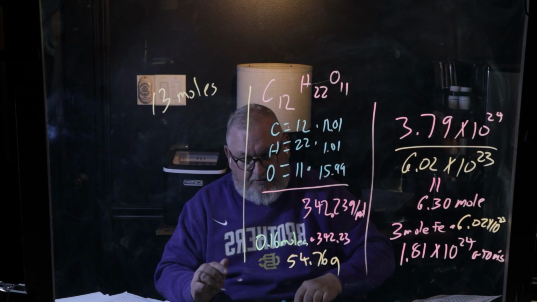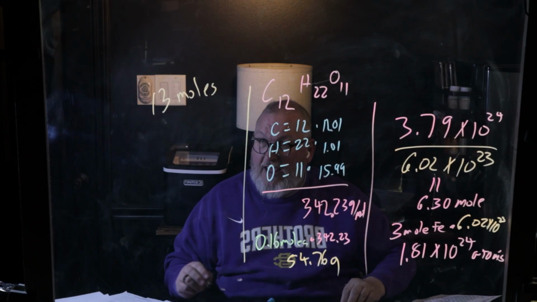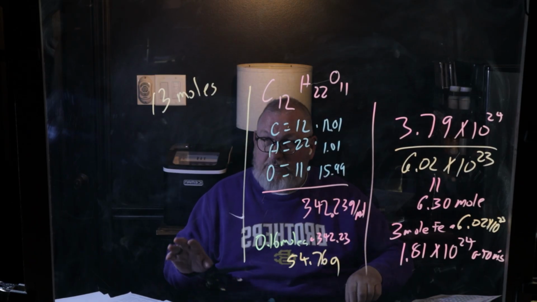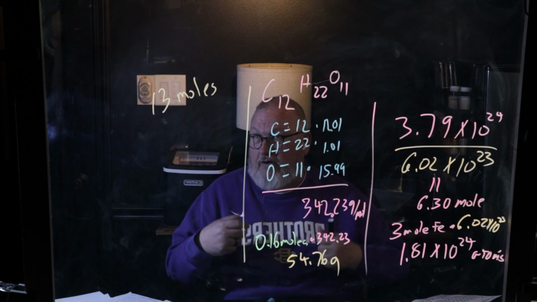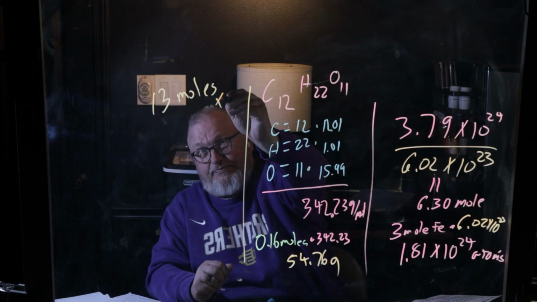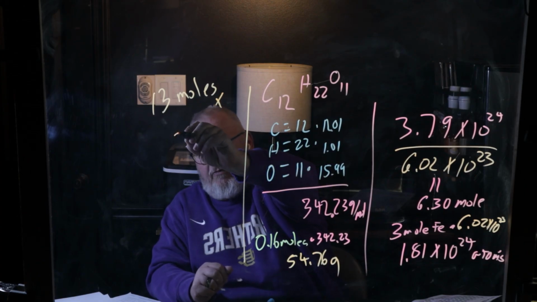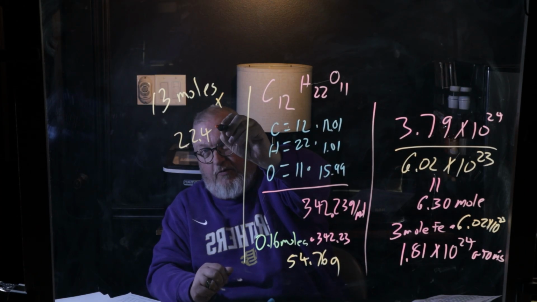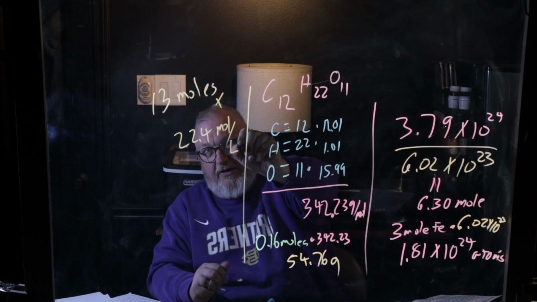It's an ideal gas, we're going to assume that. To find the number of liters, I multiply by the molar volume, 22.4 liters per mole.